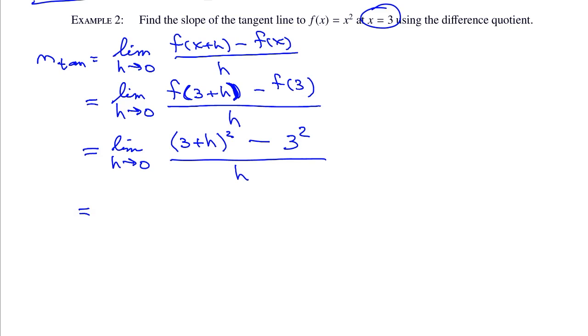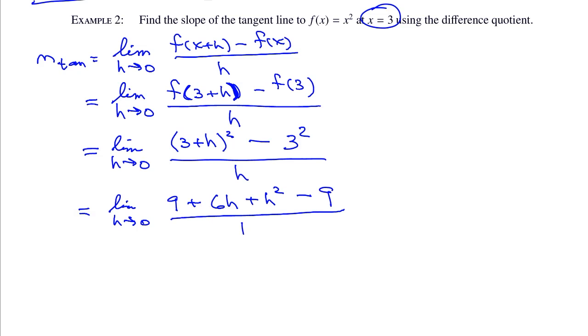Next, we need to multiply out 3 plus h squared. I believe I gave you a little shortcut trick, if you recall the other day. You square the 3, then you do 3 times h times 2, that's 6h, and then h squared, minus 9 over h.